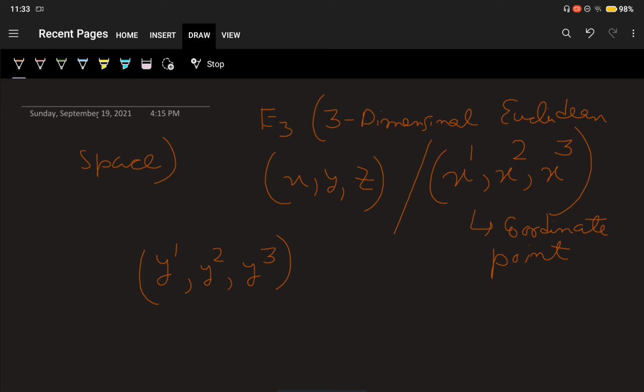So the coordinates of the vector AB can be written as x superscript 1 minus y superscript 1, x superscript 2 minus y superscript 2, x superscript 3 minus y superscript 3. So this is in three-dimensional Euclidean space.